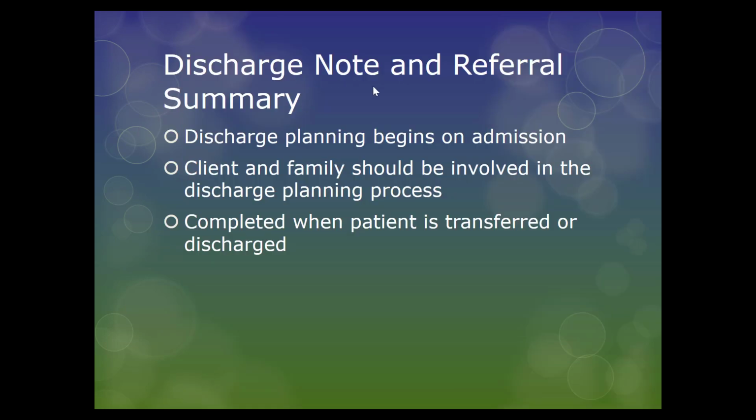All right, discharge. Discharge is something that we should be thinking about from the first time the patient comes in the hospital. As I mentioned before, if it's a young person who lives by themselves and they've had a procedure and they're going home, we assume that they're going home unless there's some reason why they can't.